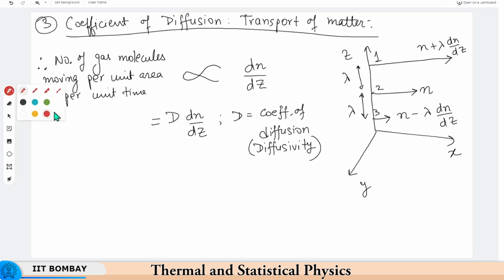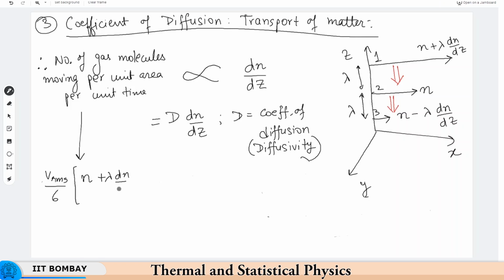So, therefore, V RMS by 6 times (n plus lambda dn by dz minus n) from plane 1 to plane 2, and for plane 2 to plane 3 we have V RMS by 6 times (n minus lambda dn by dz).